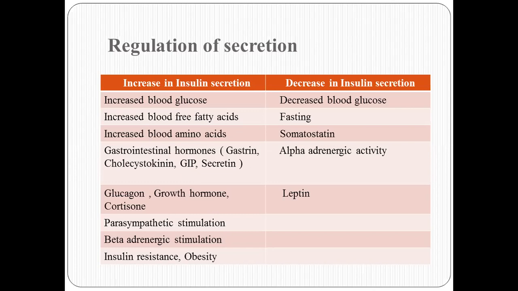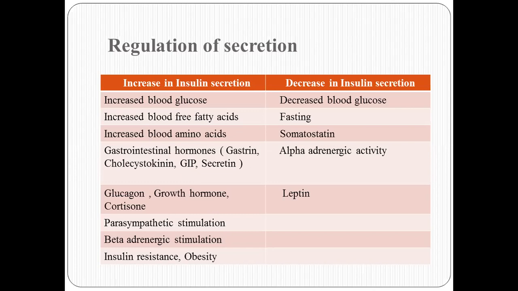Then apart from that, the glucagon, growth hormone, cortisol, these are the hormones which are secreted whenever there is, see, growth hormone is secreted for the growth. So it requires a sparing action of protein sparing and fat sparing. And this particular activity will require the activity of insulin also. So along with that, you will have the insulin secretion, growth hormone, cortisol in stressful conditions.